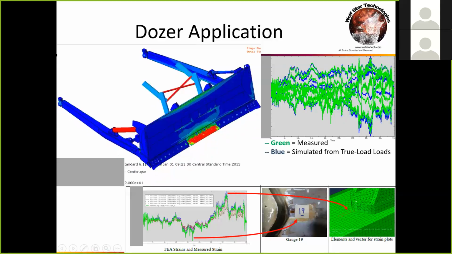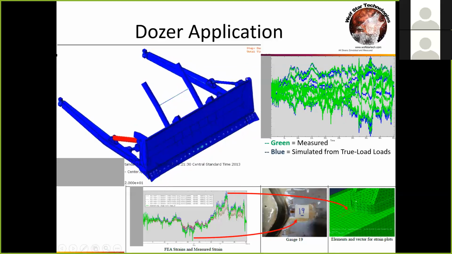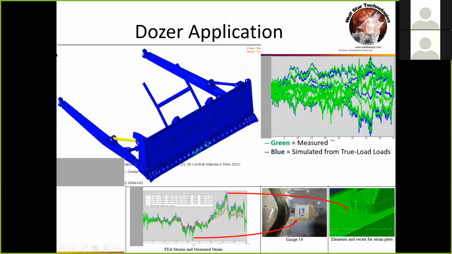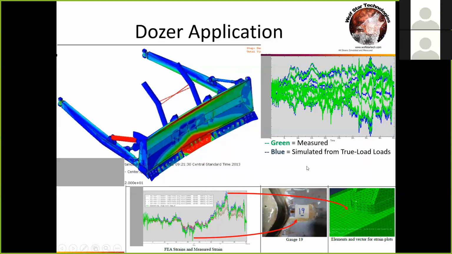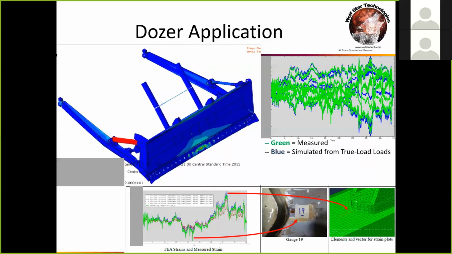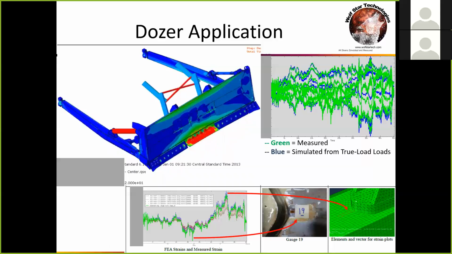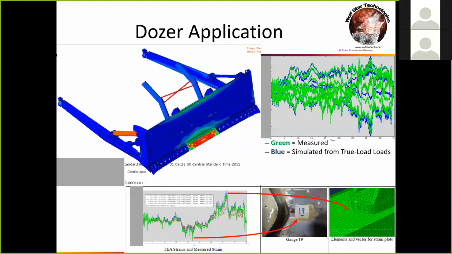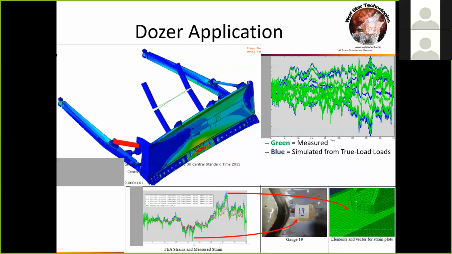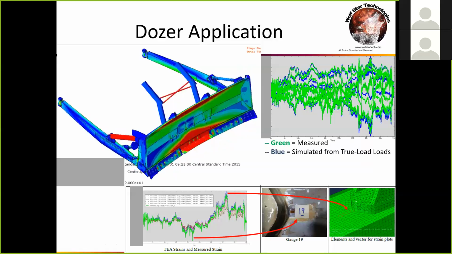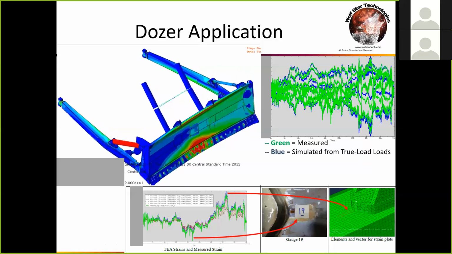And you can see how well we got correlation here between the measured strains and the simulated strains coming from QSE. So this is just a nice testament that says once you get the overall flexibility of the structure right, then these hot spot areas come along for the ride. And this is the type of thing that you can do with TrueLoad. And this company could have never hoped to get anything near this good on their own.